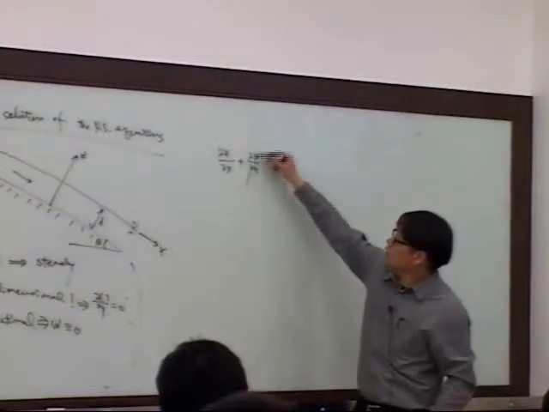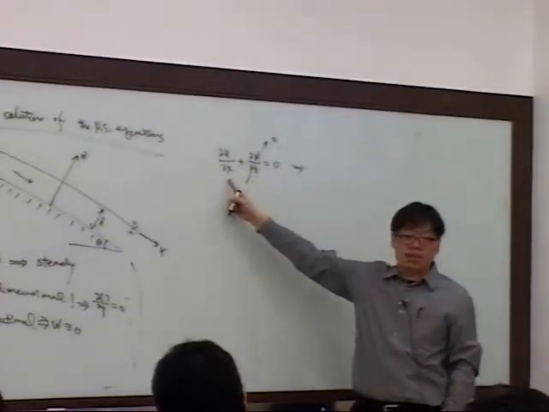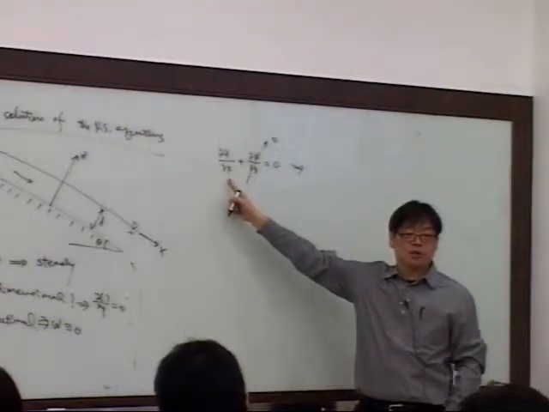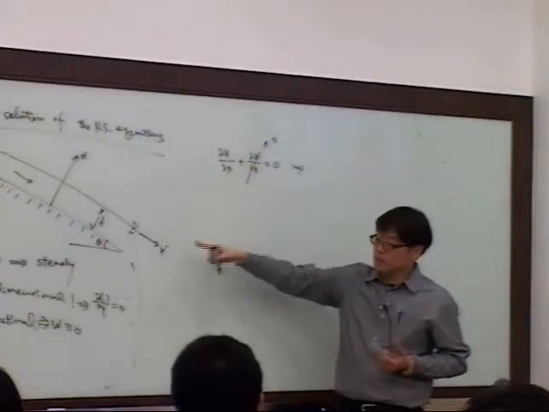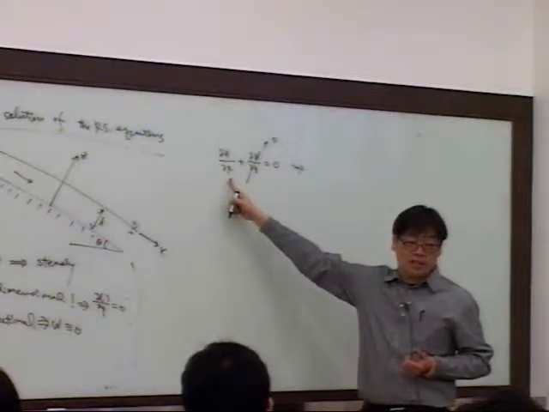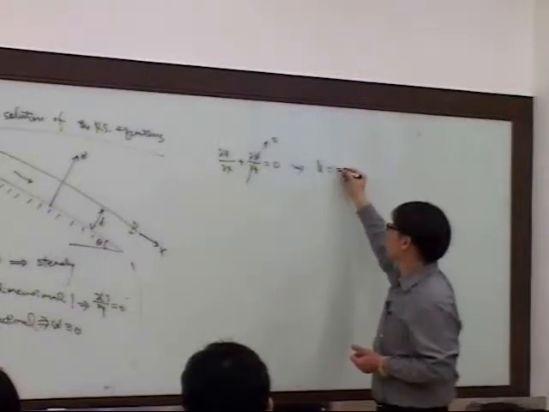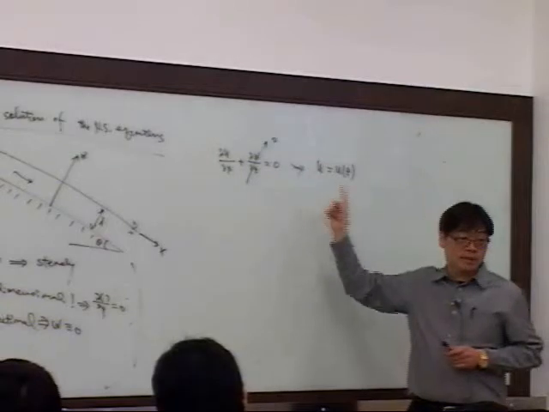So w is 0, and this term is 0, meaning that du dx is 0. So u can depend on x, z, and t, but it's independent of time and independent of x. So u has to be only a function of z. That's what it means.